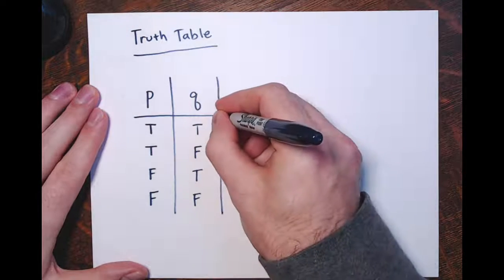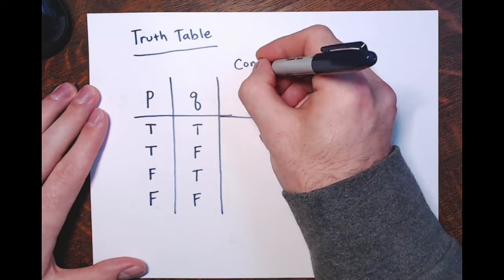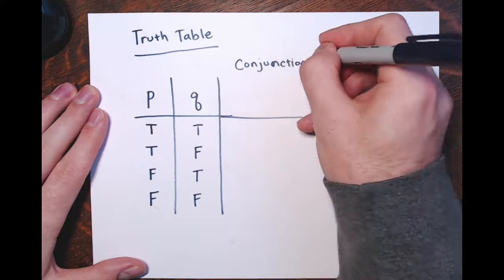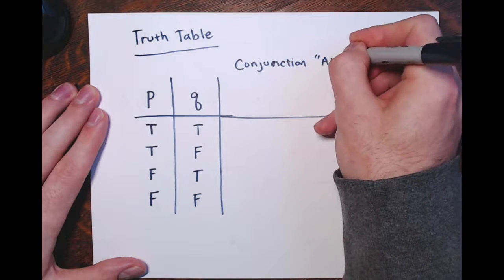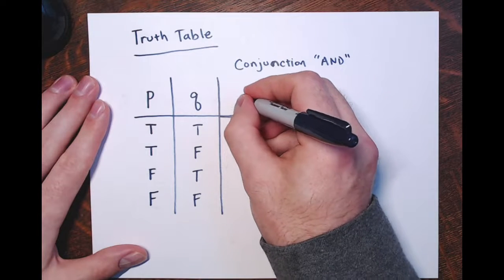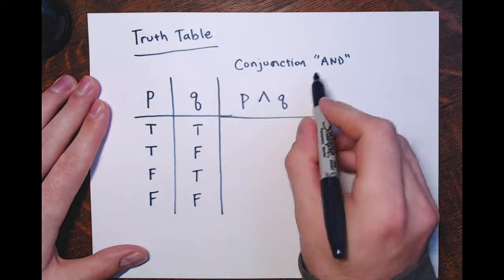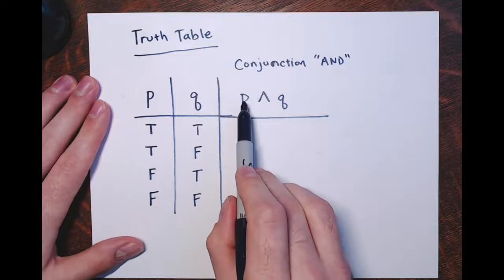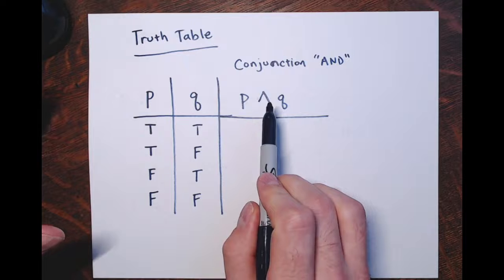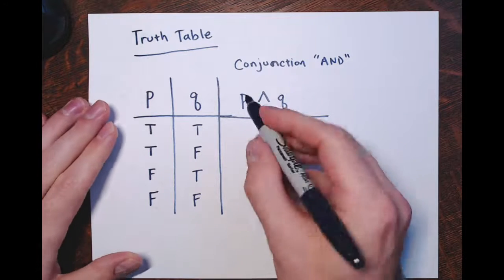All right, then added to this, another column. Here we're doing the conjunction operation, which is the and, combining 2 propositions with the word and. So P and Q, where this symbol will mean and. As you've seen, the conjunction is only true when both individual propositions are true at the same time.